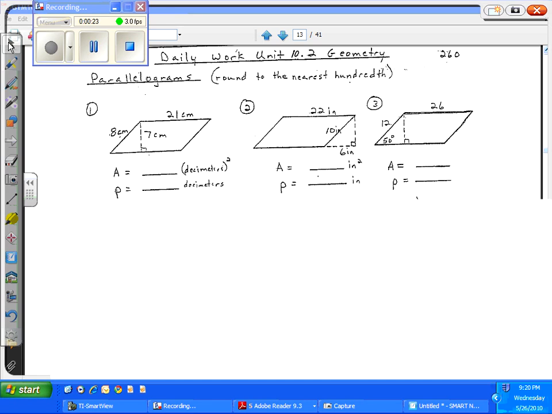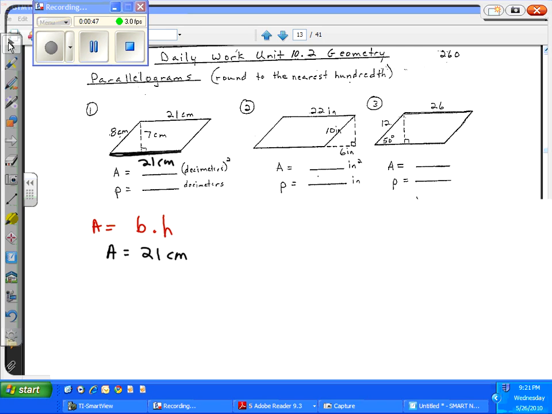We want to write down the area formula. We're looking for the area of a parallelogram. So the formula for every parallelogram is base times height. So we're going to have area equal base, which the top and bottom are congruent because opposite sides of a parallelogram are equal.